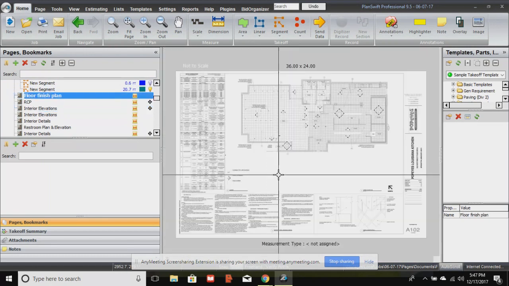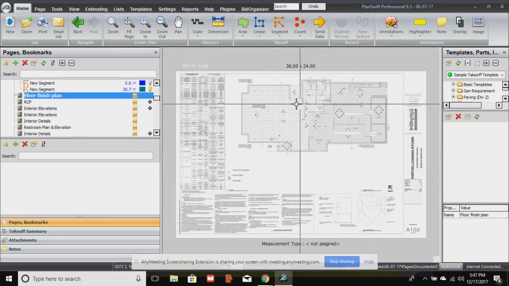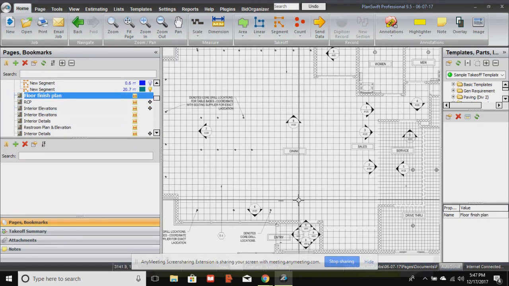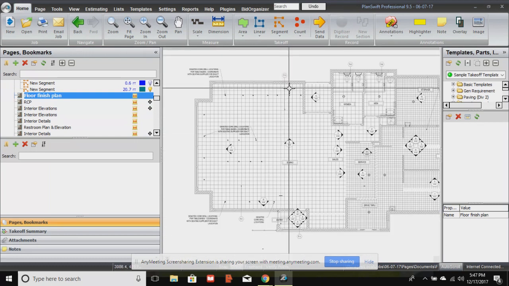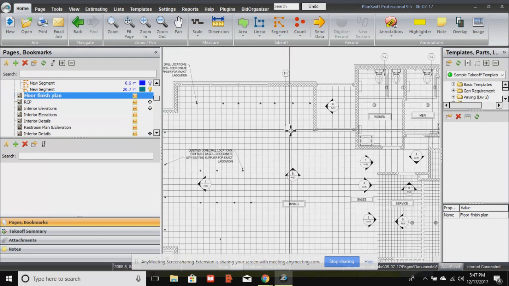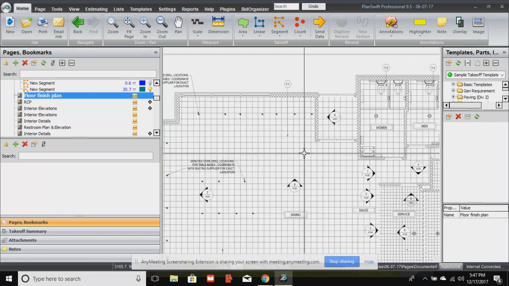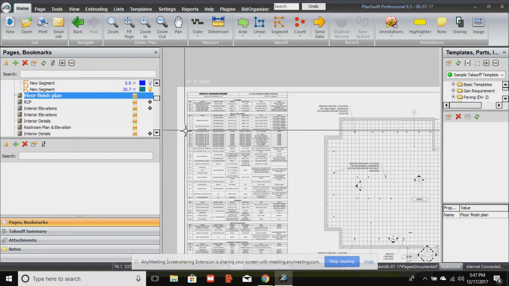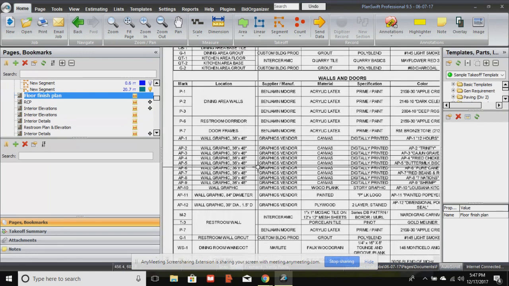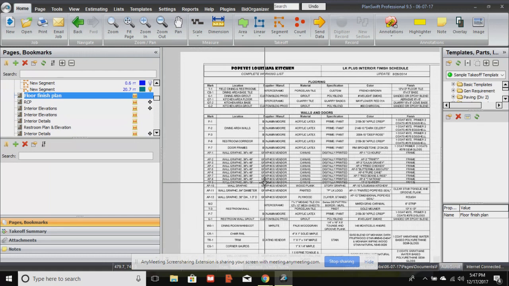And so here on our floor finish plan, they've given you all of the floor finishes, meaning what's going on the floor after I put in my concrete, my foundation. All of those tags, T1, T2, we get all of that on our finish schedule. Schedule's a fancy term for list.